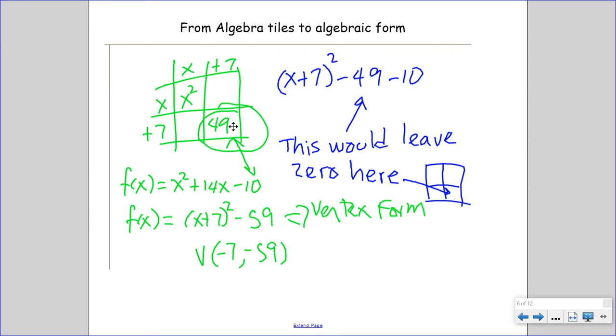So what we do is subtract 49 at the first step, meaning that our perfect trinomial would be empty here in this space where there used to be 49, and that means that it would be 0, and then I have the negative 10. So then if I do this calculation of negative 49 minus 10, I arrive at the same form that we had. Either way, we're gradually moving away from the algebra tiles, and I hope this is clear.